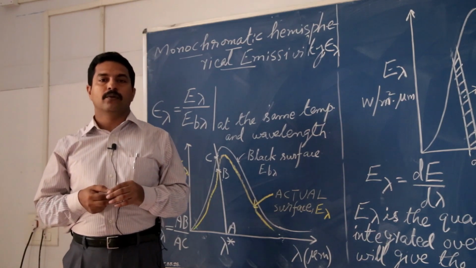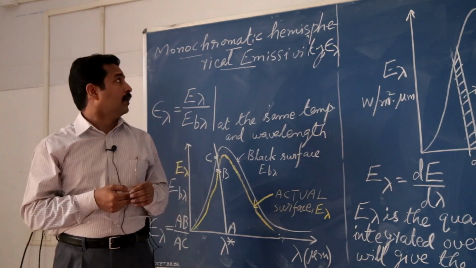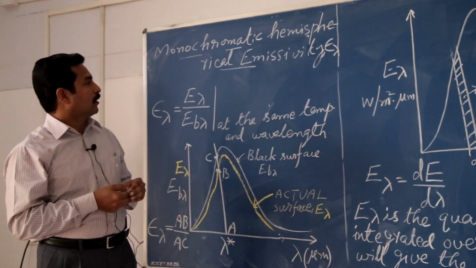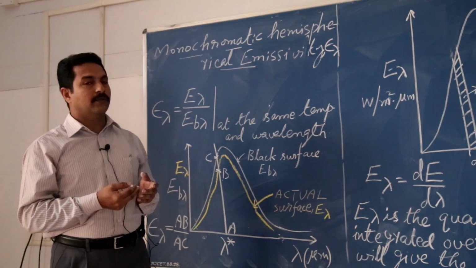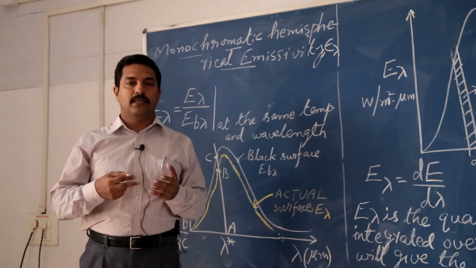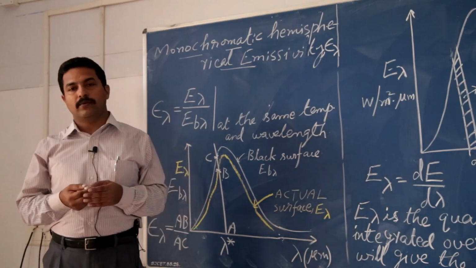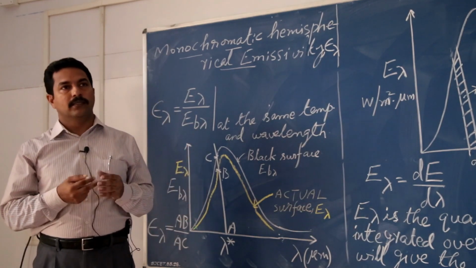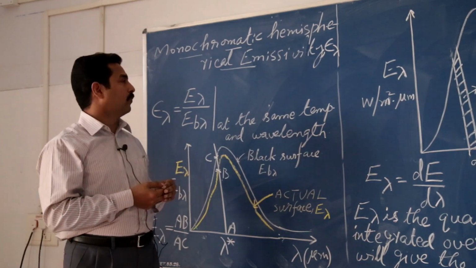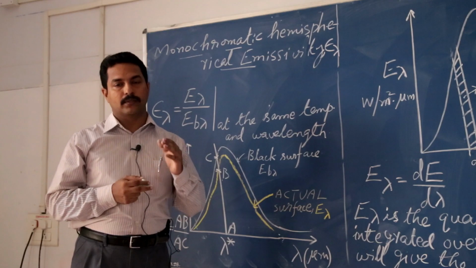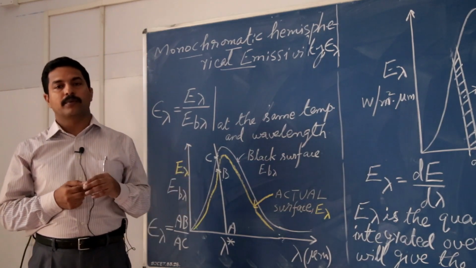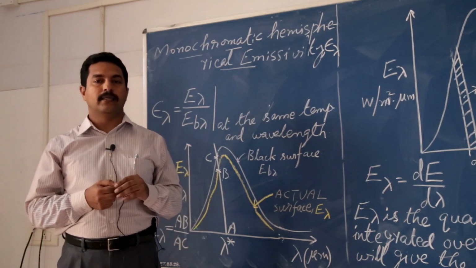No need to point out again that it is hemispherical emissivity, because when we say monochromatic emissivity, we can automatically consider that we are referring to a case of monochromatic spectral emissivity at a particular wavelength and temperature.